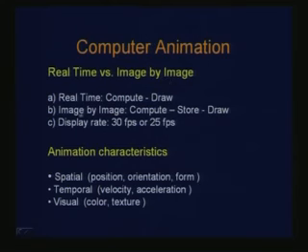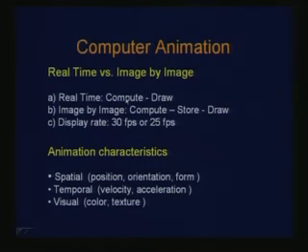So, when we are doing image by image animation, you compute a frame, when you are using computer animation, you store that frame, and then you draw the frame when you need it. This is the 3-step process involved in image by image animation, whereas real time animation is basically a process of computing the frame and drawing it.